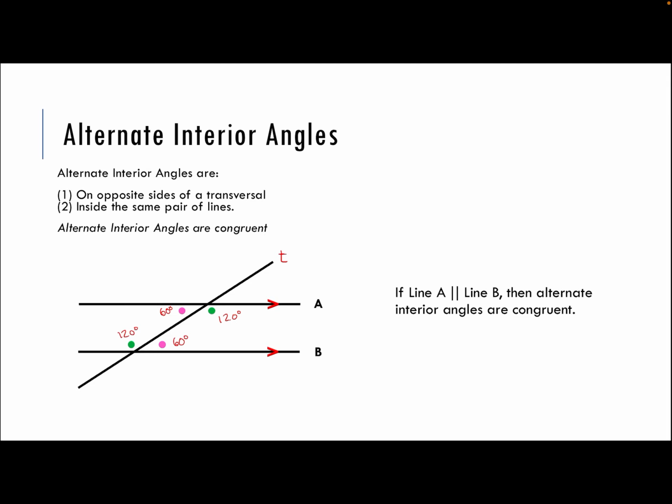Also, this takes us back to the if-then statements that we wrote in Unit 1. We have this relationship: if line A is parallel to line B, then alternate interior angles are congruent. That's going to come up a lot, and later on we're going to talk about the converse of these theorems.